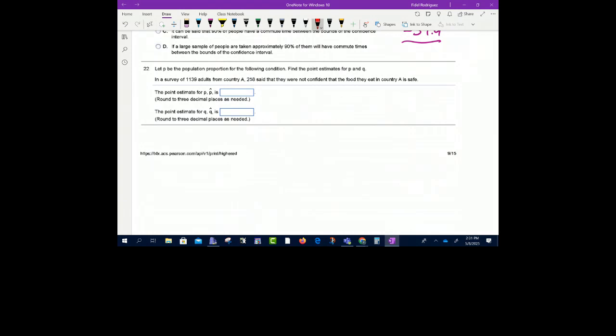All right. So let's see if we can find our p hat. Remember, y'all, the way we're going to find our p hat is we need to know our x, sorry, and we need to know our n. N is the number of adults total. So in this case, my n is 1139. X is the number who responded to the survey saying whatever it is that they said. And they said, you know what? I don't think the food in this country is safe.